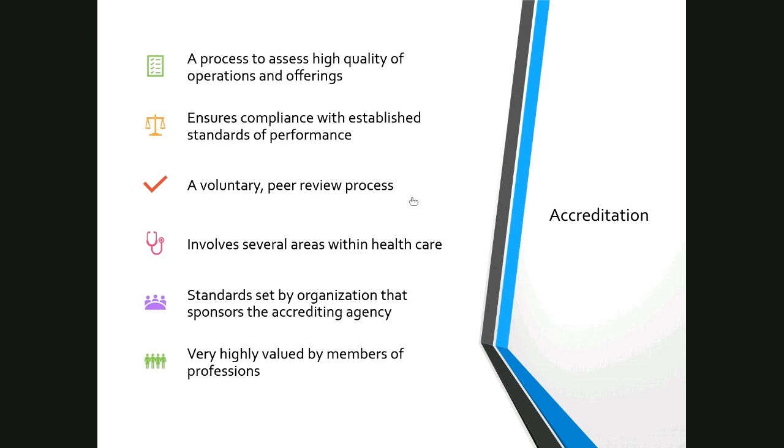Typically, accreditation can be awarded as either a provisional accreditation, a probationary accreditation, and then there's different time frames. Typically, I believe the first accreditation we were awarded was 18 months, and then it goes all the way from that up to 8 years, which is the longest accreditation that you can receive.